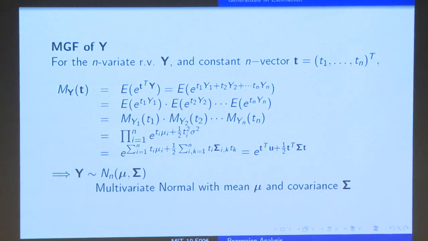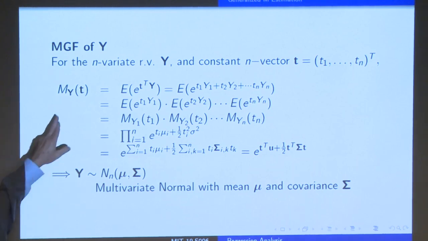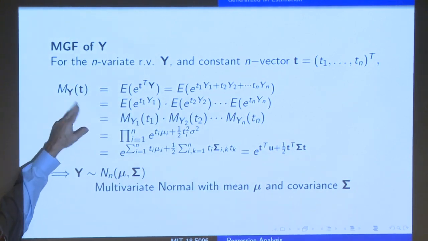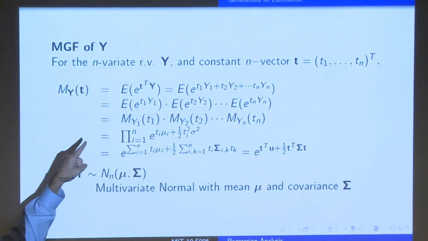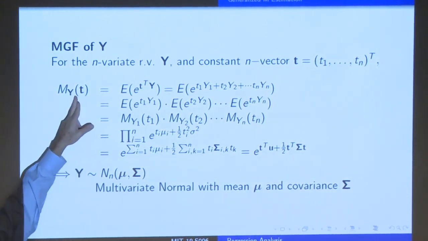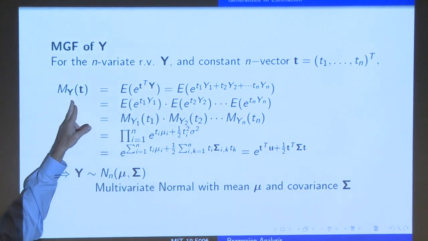And so Chungbom introduced the moment generating function for individual random variables, for single variate random variables. For n variate random variables, we can define the moment generating function of the y vector to be the expectation of e to the t transpose y. So t is an argument of the moment generating function. It's another n vector.